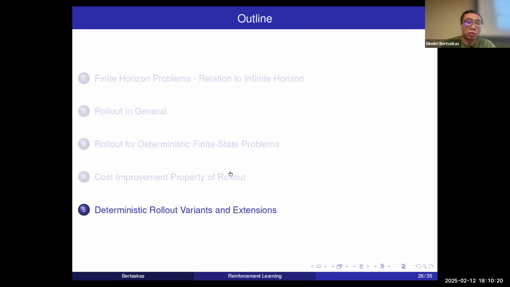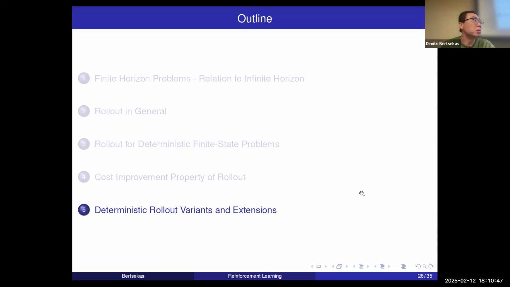As discussed in the first half of the lecture, we have discussed in detail rollout applied to deterministic problems, and some of you have raised questions about potential problems of rollout. To start with, how the quality of the base heuristic can affect the rollout policy.